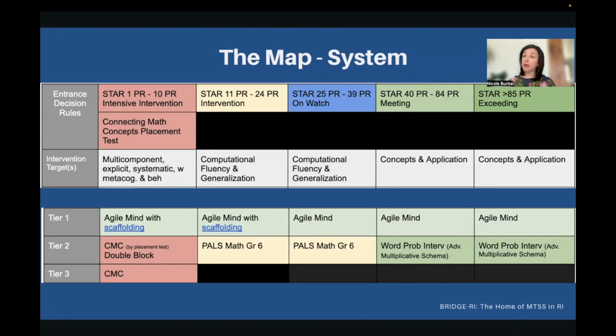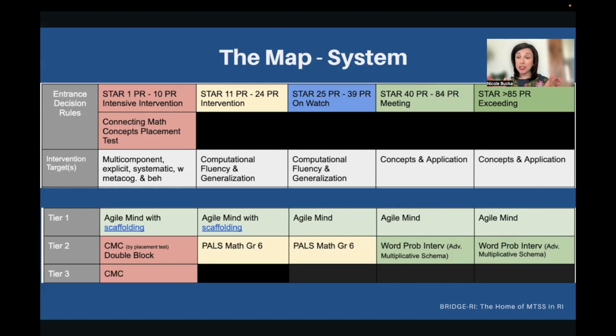And again, when we think about special education, remember, students with IEPs can fall in any one of these columns. Sometimes when we start working with schools, they say, oh, well, the students with IEPs go over there. We don't put them in our MTSS intervention groupings. Well, what ends up happening is the special educator gets one kid who's in this column, one kid who's in this column, and one kid who is in this column, and they're all together in one group.